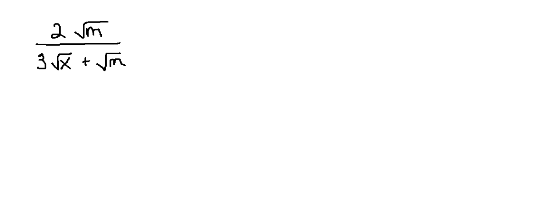Okay, let's do one more of rationalizing the denominator, then we'll go on to rationalizing the numerator, which is basically the same thing, but I'll go through them anyway. I'm just that kind of guy. Alright, so here I'm rationalizing the denominator. I see I've got a binomial in the denominator, so I'm going to multiply it by its conjugate, which is 3 root x minus root m.